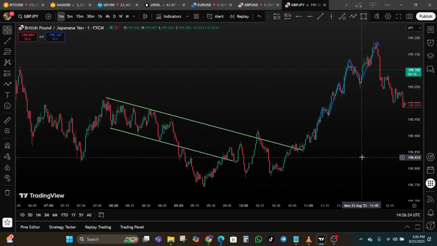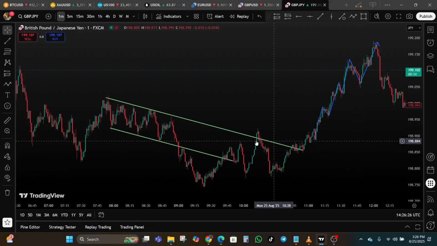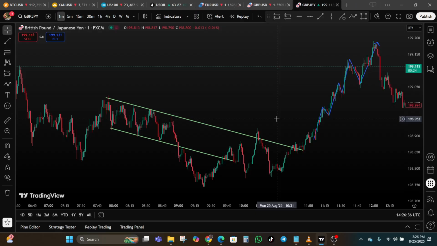Identifying this structure is key because it gives you direction. Without knowing whether the market is trending up or trending down, entries on M1 can feel random.